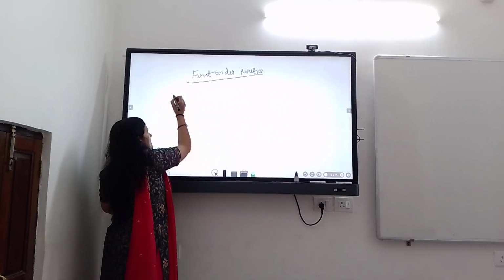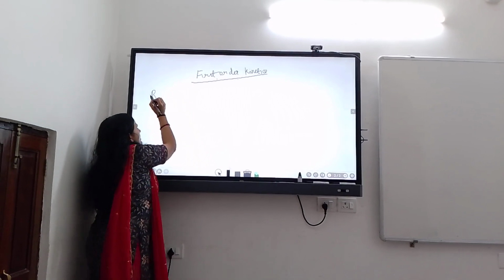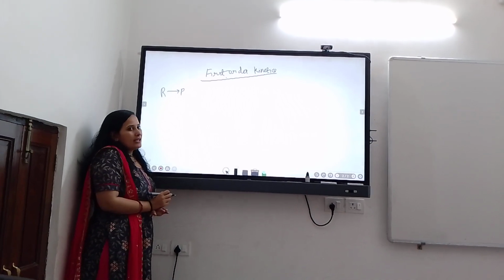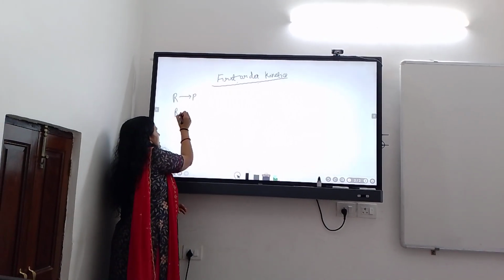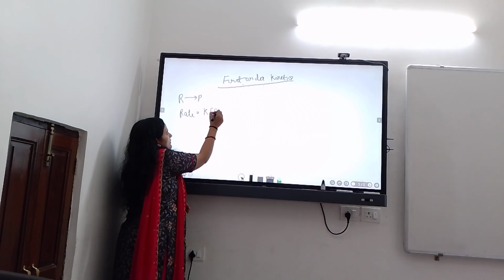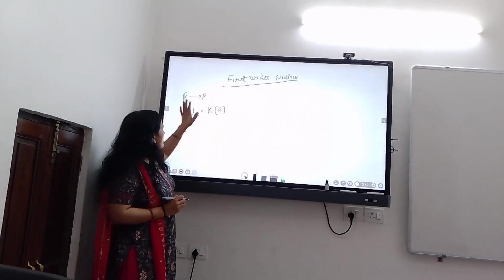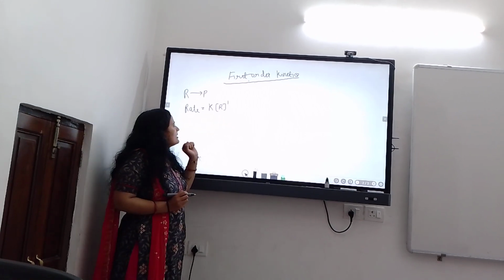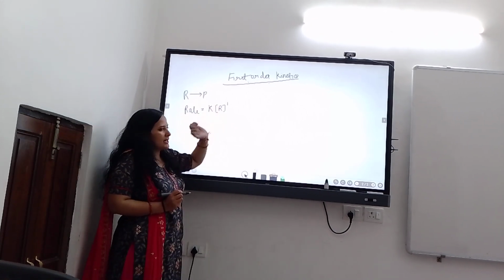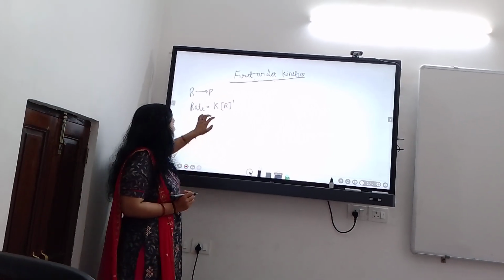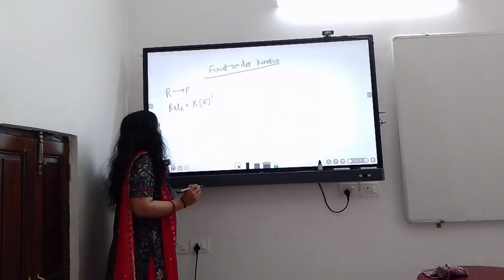So, consider a generalized reaction in which reactant R is converted to the product P. And first order reaction is the reaction in which rate equals K into R raised to power 1. Means rate depends on concentration of the reactant. Rate is directly proportional to first power of concentration of the reactant molecules, where K is the rate constant.